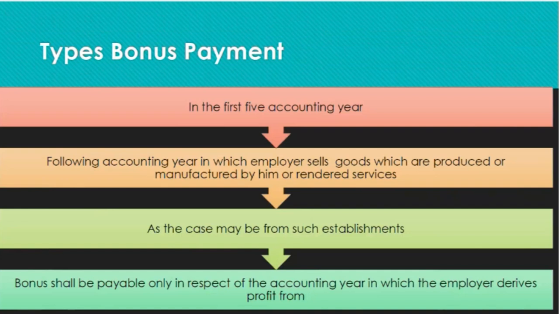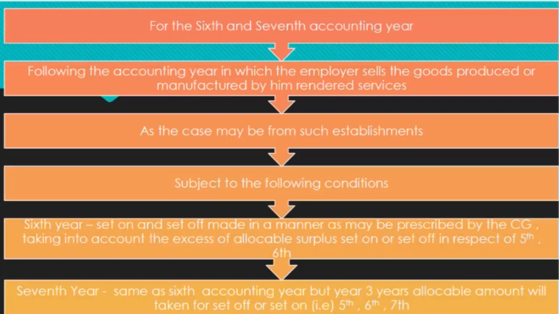For the sixth and seventh year following the accounting year in which the employer sells goods and services, as the case may be, subject to certain conditions. For the sixth year, set on and set off is made in a manner specified by the central government, taking into account the excess of allocable surplus on set off or set on in respect of the fifth and sixth year.